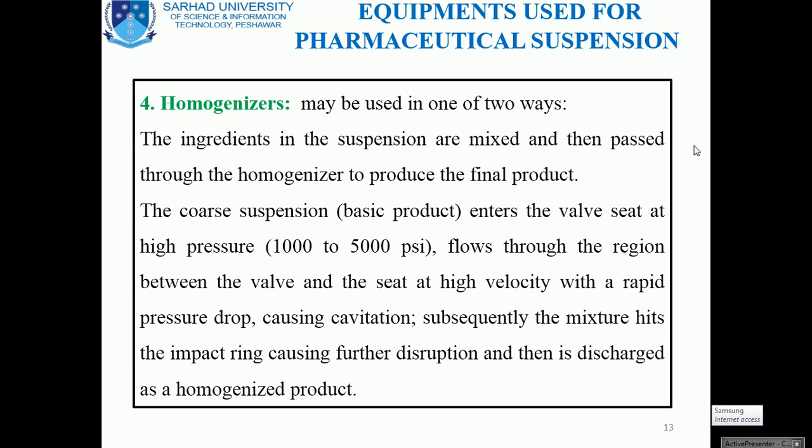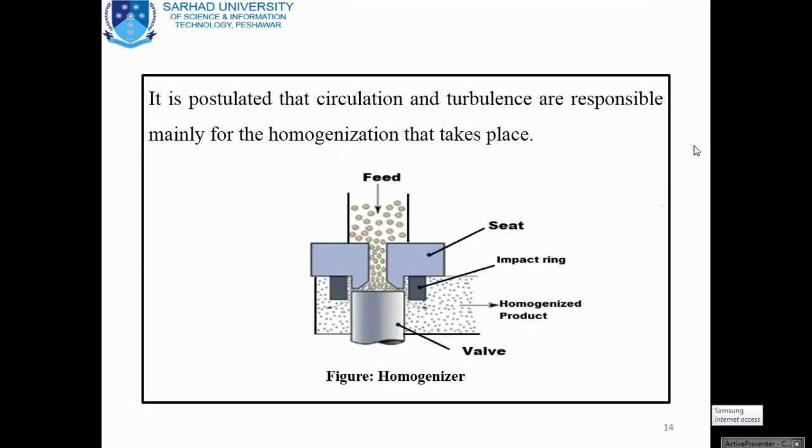The homogenized product is produced by using high pressure, 1000 to 5000 psi, and the material flows through the region between the wall and the seat. As shown in the diagram, the feed is introduced with high pressure of 1000 to 5000 psi, and the high pressure generated compels it between the seat and the impact ring, and that produces the homogenized product.